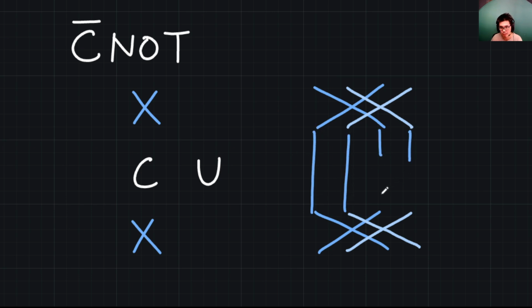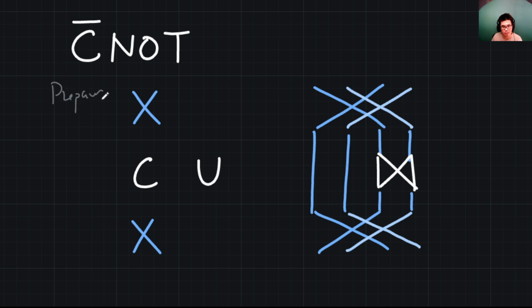So the U gate would only be applied on the right half. And then the transformed qubits on the right half will be put back to the left. So putting an X between the C's has the effect of inverting the polarity.